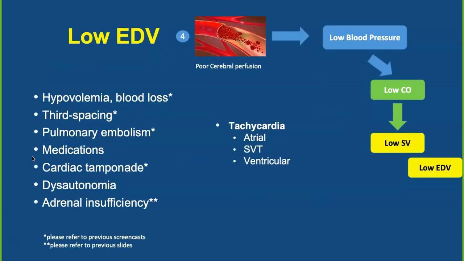So the next part of the framework are situations when there may be a low end diastolic volume, and a lot of these are associated with hypovolemic states or situations of tachycardia.